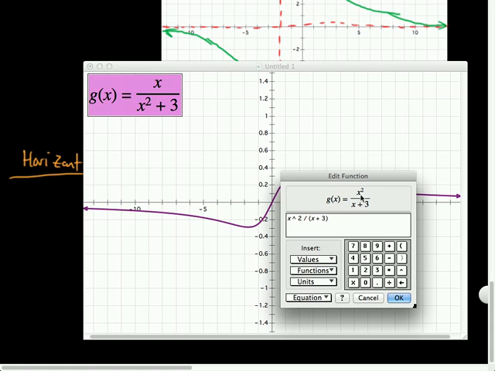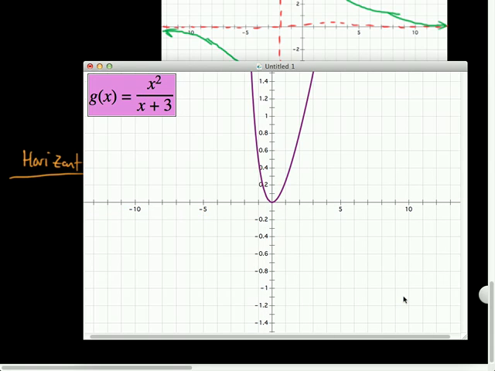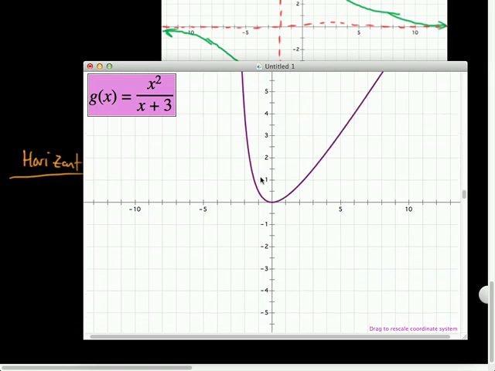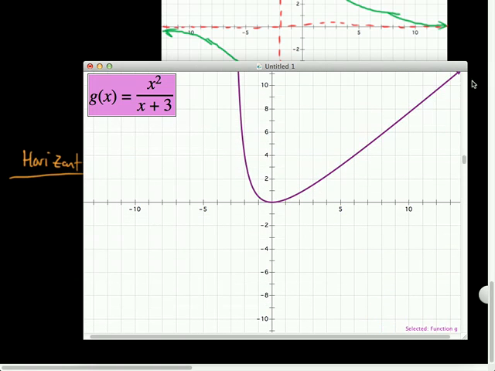For really big values of x, both of these are approaching infinity, right? Big number squared compared to big number plus 3. The bigger those numbers get, both of them are approaching infinity, but the x squared is approaching faster. And what we have here is actually really bizarre. This actually is asymptotic, but it's a diagonal asymptote.